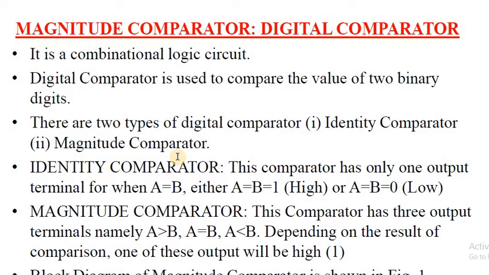An identity comparator has only one output terminal, for when A is equal to B, either A equal to B equal to 1, that is high, or A equal to B equal to 0, that is low.